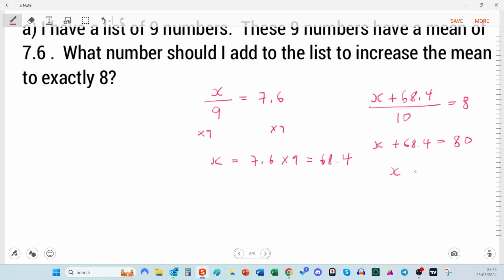Now we take away 68.4 from both sides. And that's because we're doing that balance method. And we find that unknown thing that we should be adding to the total in order to give us the result, which was 8.